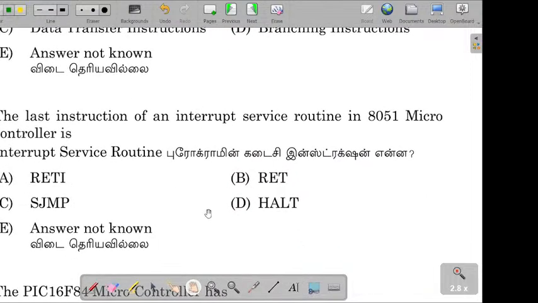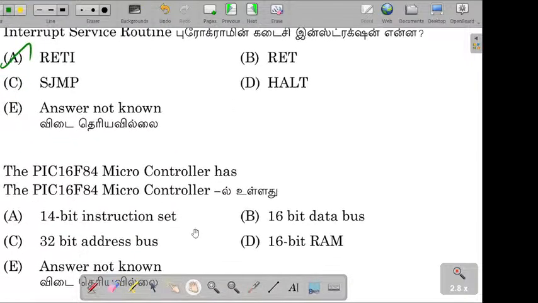Next, 21st question, the last instruction of an interrupt service routine in 8051 microcontroller is RETI. The PIC 16F84 microcontroller has a 14-bit instruction set.